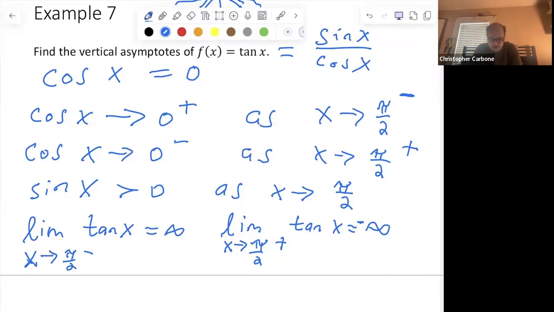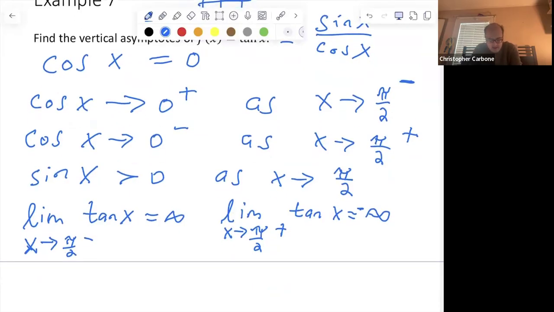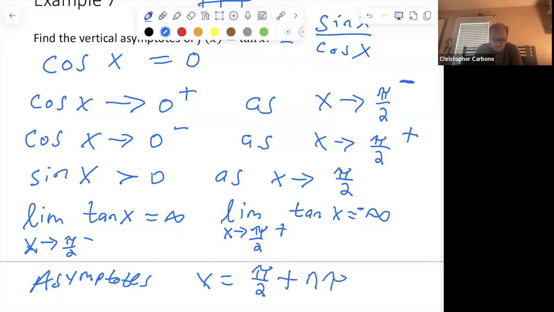So all that combined, let's write this down here, the vertical asymptotes are going to be when x is equal to pi halves, then 3 pi halves, 5 pi halves. So we're going to add to that n times pi, as there's an infinite number of them.